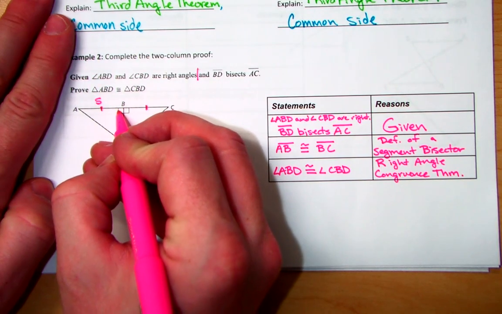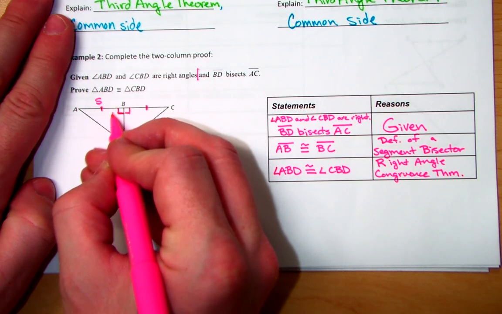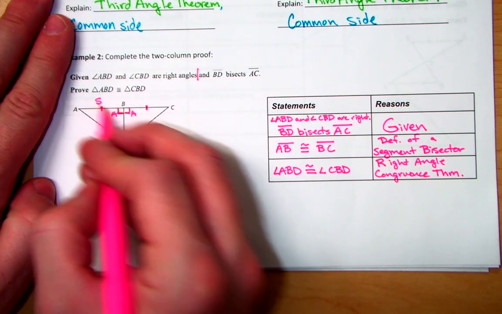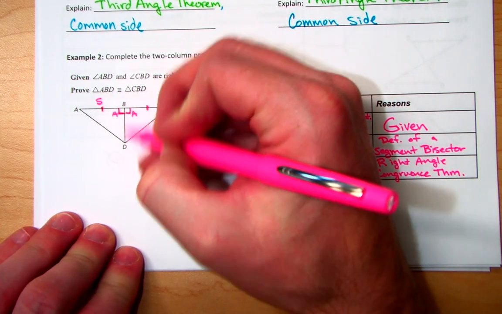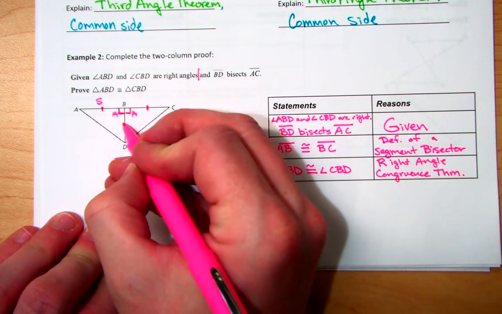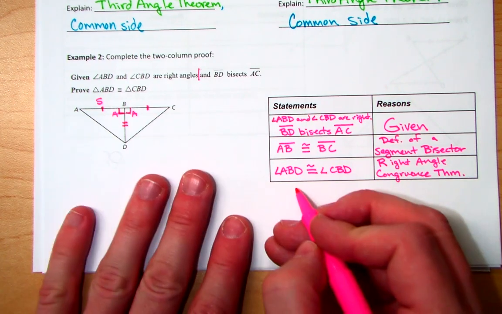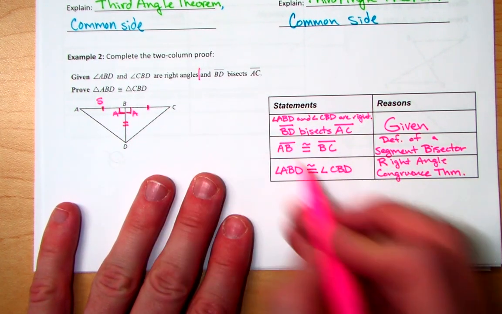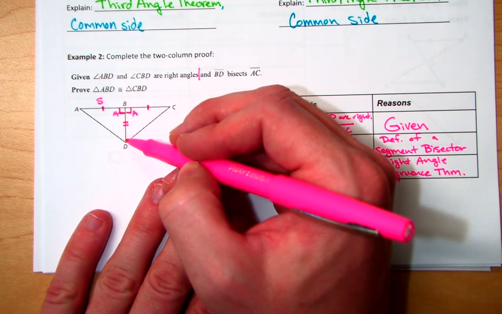So what did we just find? We just found that we have a set of congruent angles. So I'm going to throw a little A in there. We've got a side, we've got an angle. Now we just need to see if we have one more side that includes our angle. And we do. So we've got this side BD. Both triangles share it. So we know it's going to be congruent between them. How we write that, though, gets a little goofy. We have to show in our writing that that side is common to those two triangles.